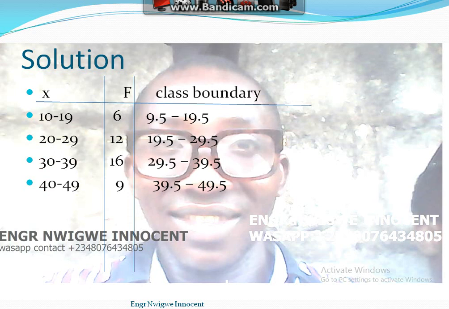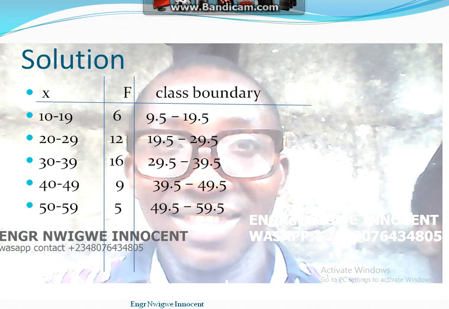The next age interval is 50 to 59. The frequency is 5. For the class boundary, we subtract half from 50 to give us 49.5. We add half to 59 to give us 59.5.